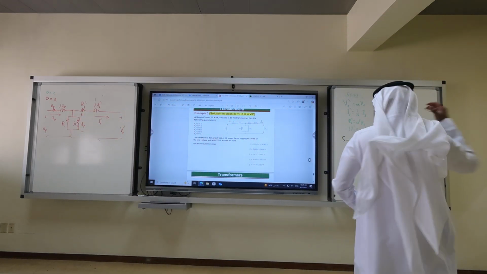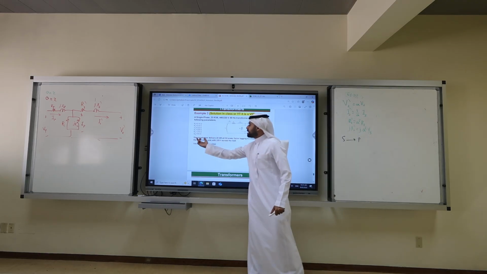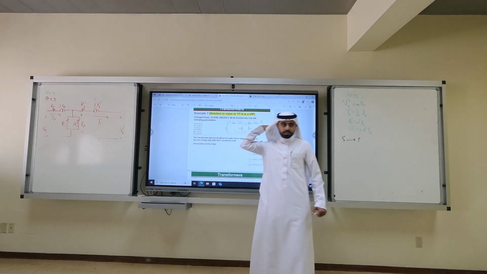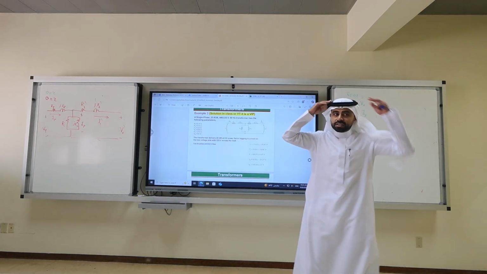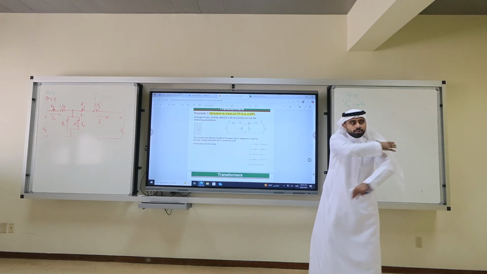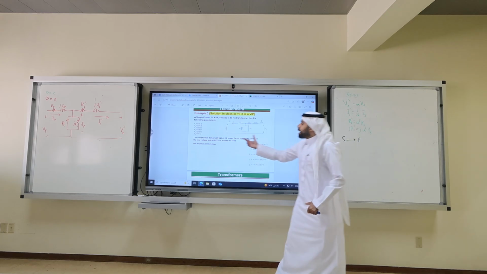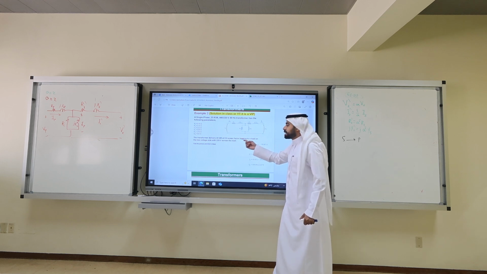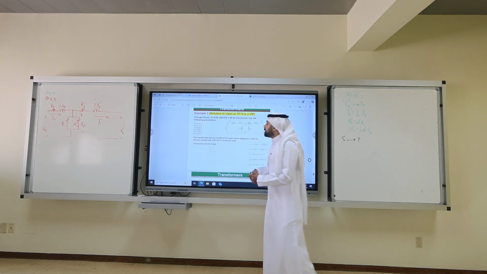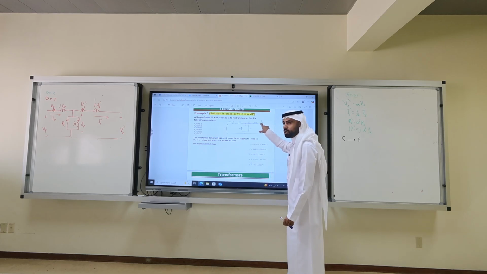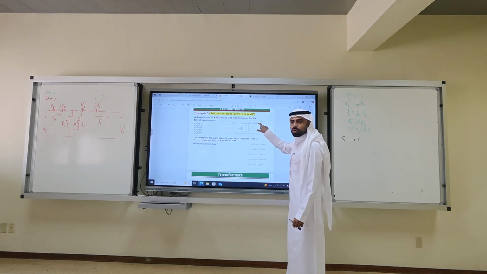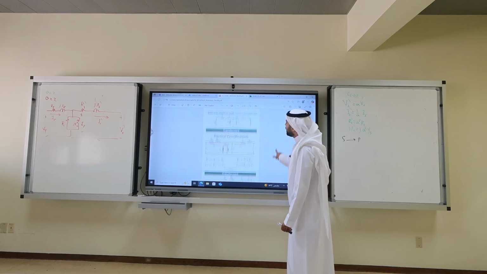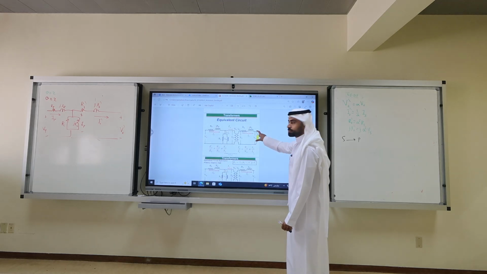The question is telling you the transformer delivers 20 kilowatts. Is this operating value or rated value? Operating. So the transformer is connected to a 20 kilowatt load at 0.8 power factor lagging. What does that mean? Am I connecting the load here? No. I am connecting the load at the yellow box in the slides here.